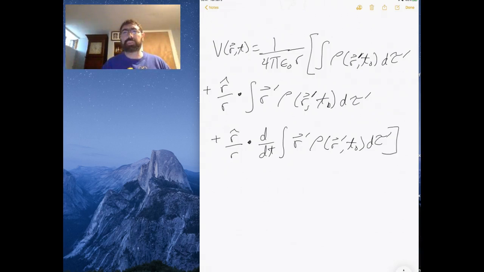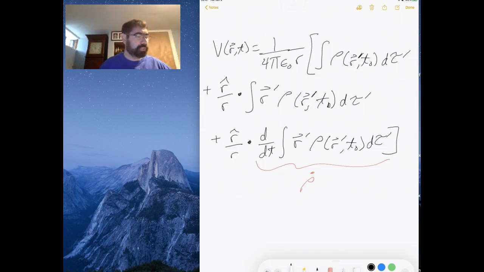Okay, so those are the terms in the Taylor expansion, where the last one is related to rho dot, and the other ones are just the first order term.